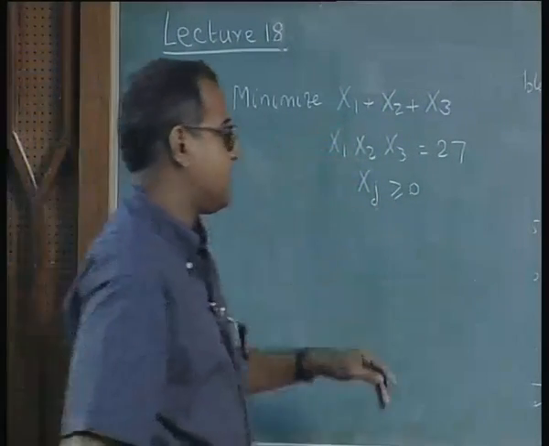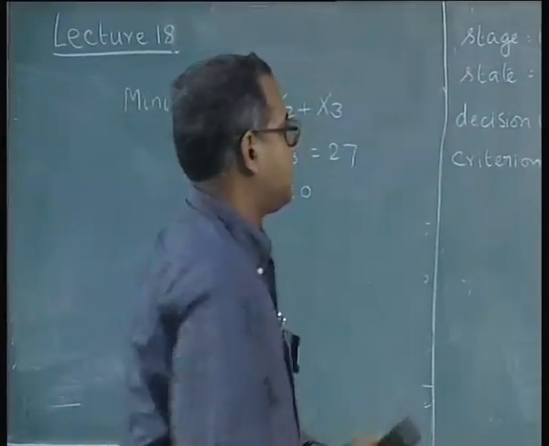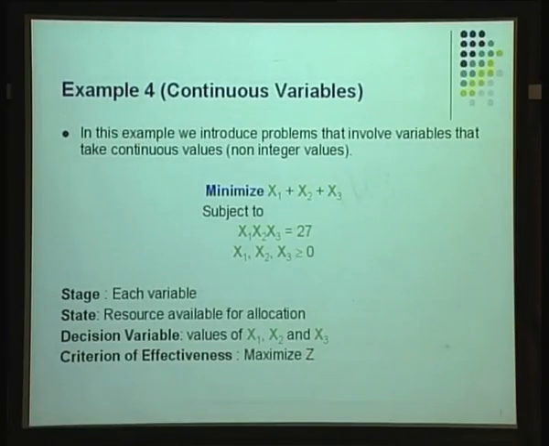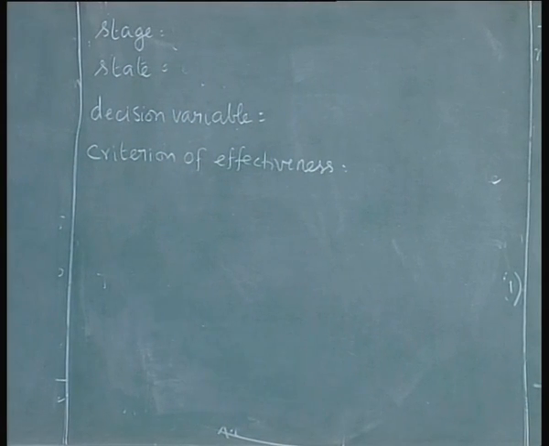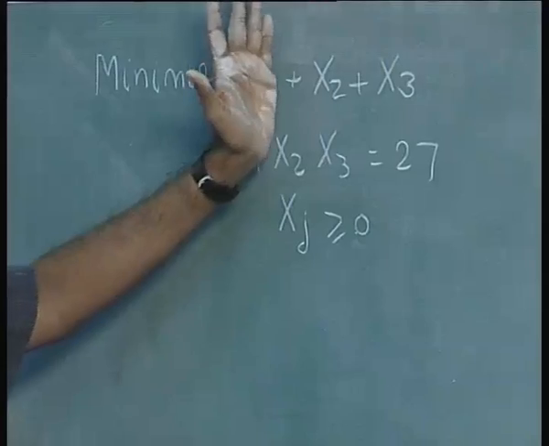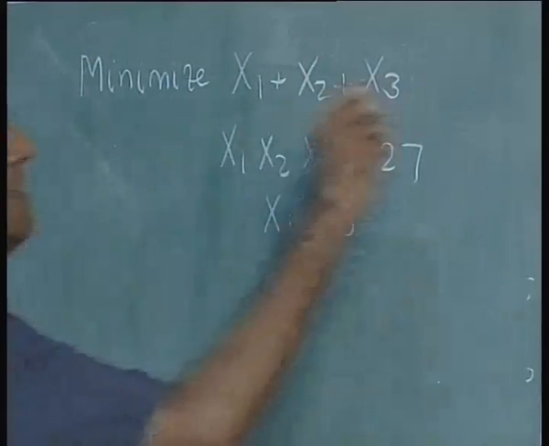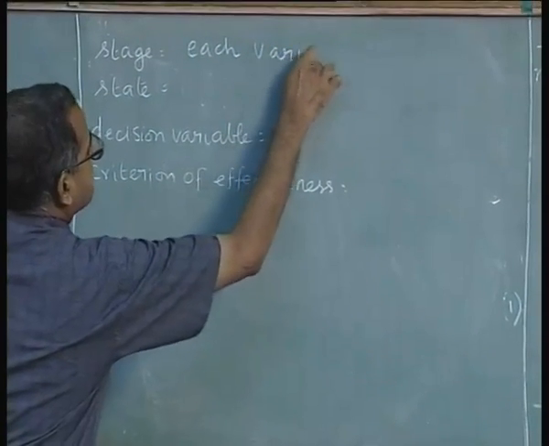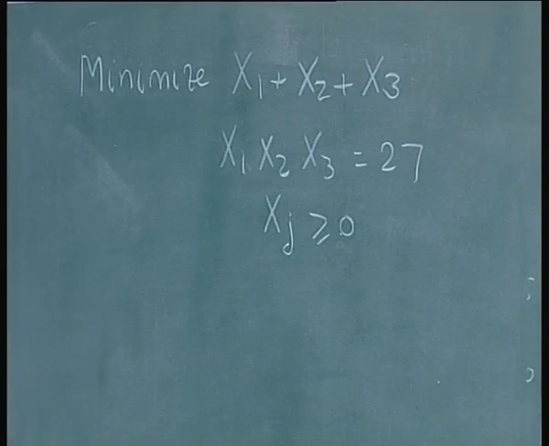Now let us first define the state, decision variable and the criterion of effectiveness for this problem before we proceed. Here there are 3 variables and we will be solving them one at a time. In all these kinds of problems, the stage is each variable, and we will be solving for one variable at a time. The state always represents the resource that is available.